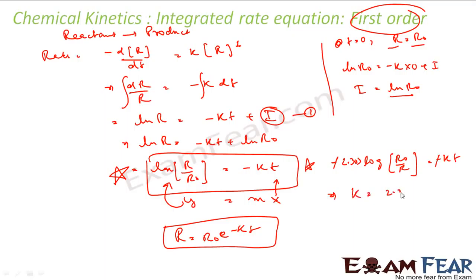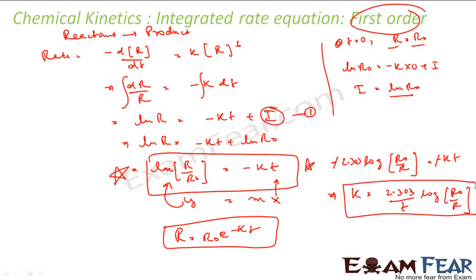Or k becomes 2.303 by t log of R naught by R. This is something which we'll use very frequently. But for the graph, we'll use this equation. But it is the same, actually; instead of ln I made it log, and I just removed the minus sign by switching this R by R naught to R naught by R.